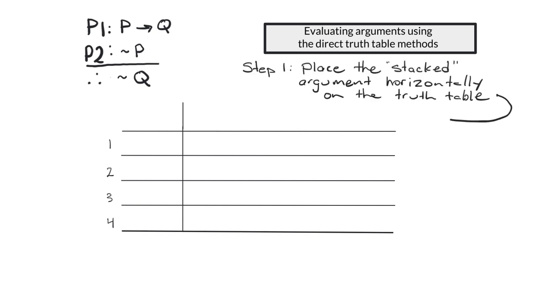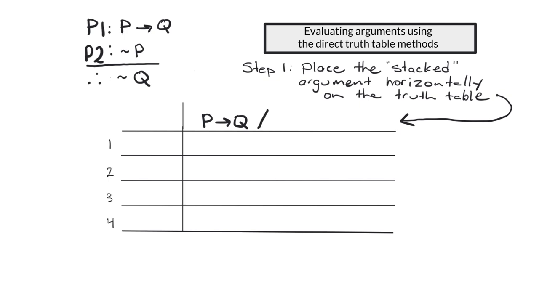So for step one, there's really not much to do. We just have to remember how to format it correctly. So we start with premise one on the left-hand side of the argument section. So we go if P, then Q. Right, we're just taking premise one and putting it down here. And then we separate the premises by a single slash mark.